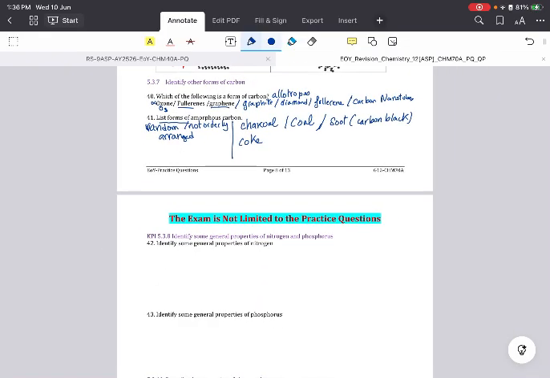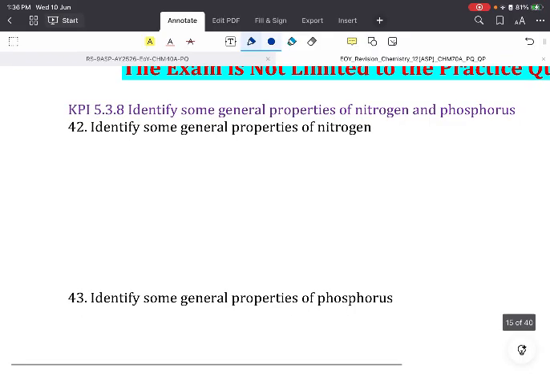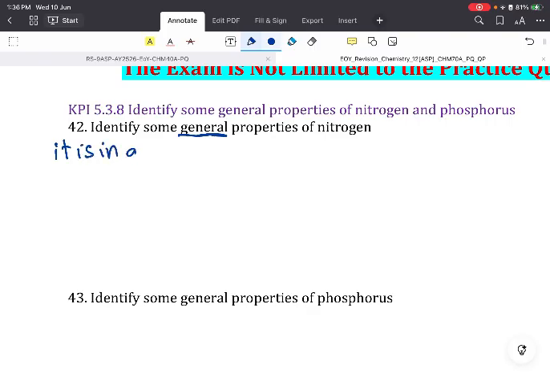Moving on. Identify some general properties of nitrogen. And when they say general, it means just talk about nitrogen in general. So first of all, locate nitrogen in the periodic table. It is in group 15, period 2.